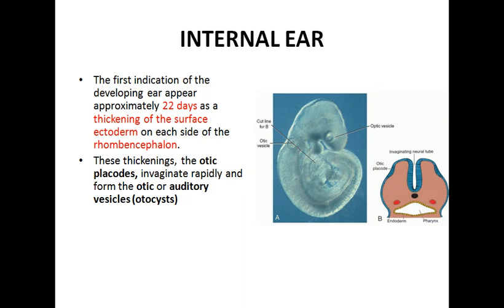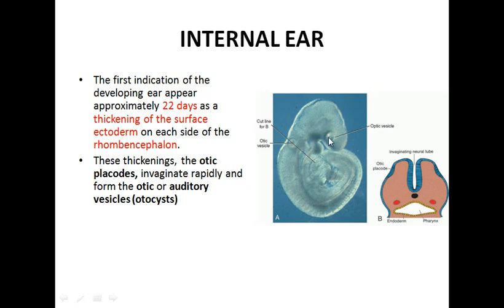When we look at the embryo, at approximately 22 days old, we can see the thickening of surface ectoderm near the rhombencephalon. This is known as the otic vesicle.